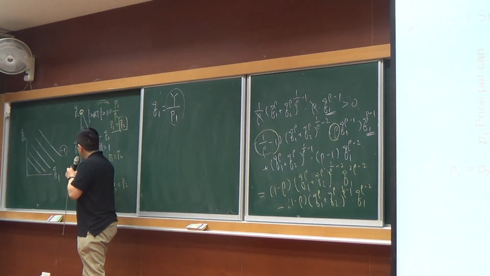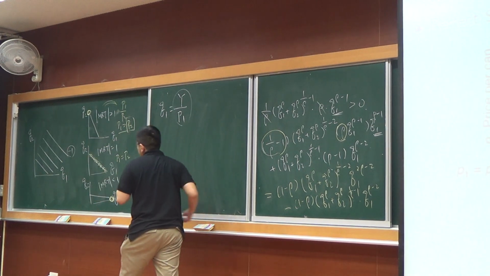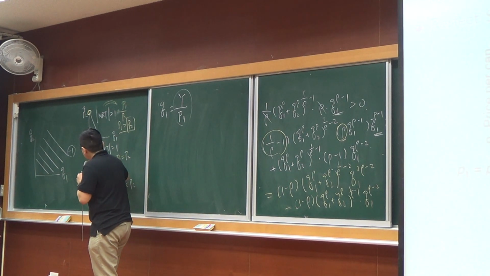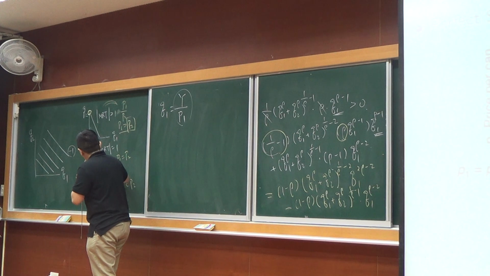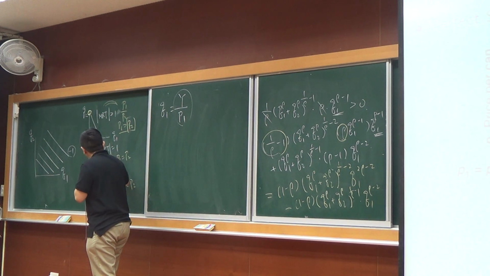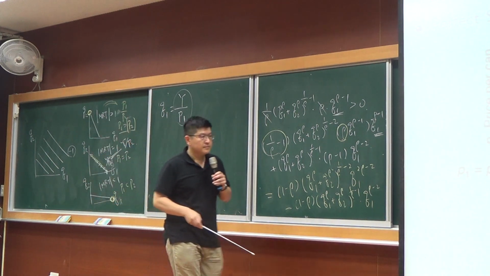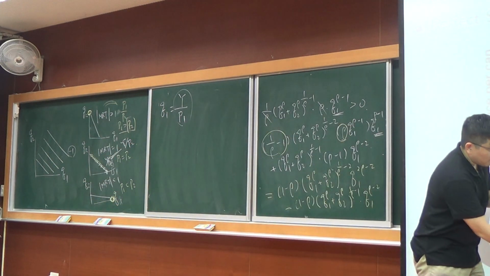Either from 0 to here. And here, what would be the intercept? What would be the intercept? It would be y over P1. But now P1 equals P2. So it is y over P2. So y over P1 or y over P2.